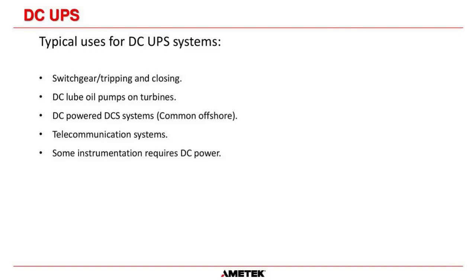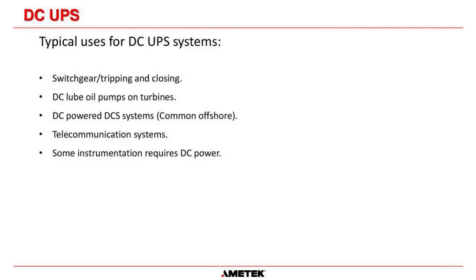The other use for DC systems is a DC lube oil pump on turbines. Once again, that is absolutely critical. You know, I don't know how much turbines cost these days, to be honest, but they're multi-million-dollar turbines, okay? And what the DC lube oil pump does is, if you do have a power failure and the turbine has to be shut down in a controlled manner, the DC lube oil pump will supply power to the pump that keeps oil flowing through the bearings as the turbine slows down and comes to a halt.